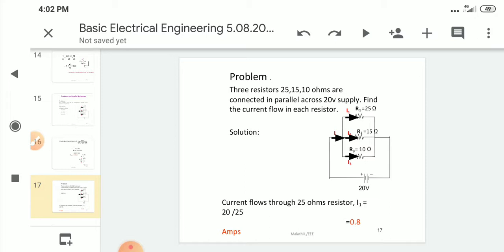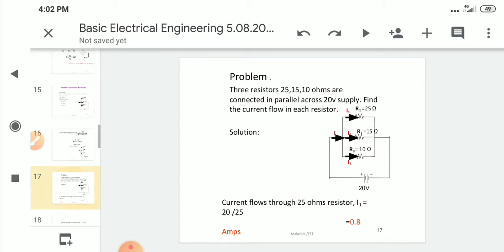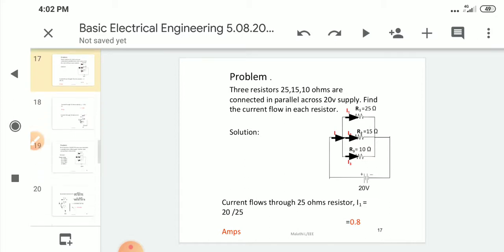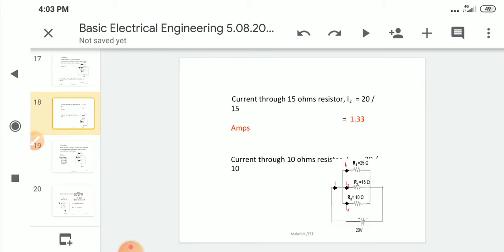The current flowing through the 25 ohm resistor, I1, is equal to 20 by 25. I2 is equal to 20 by 15. I3 is equal to 20 by 10. These are the answers.